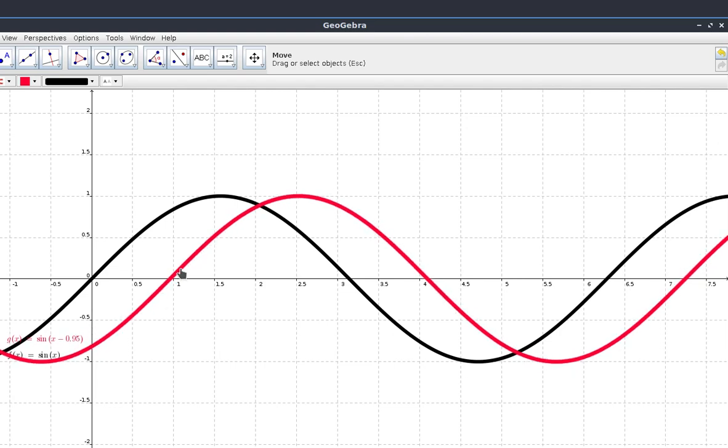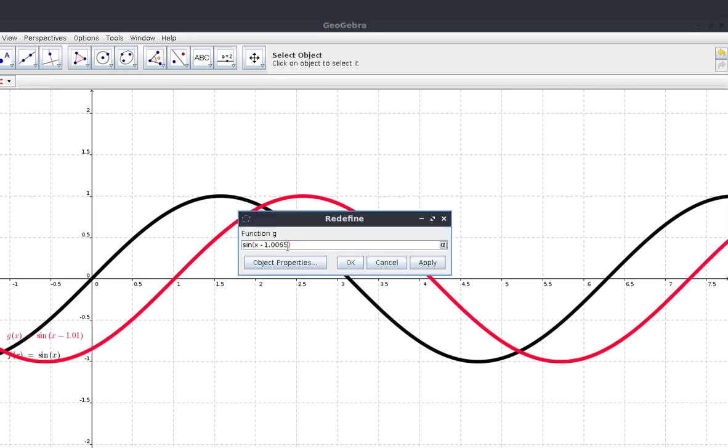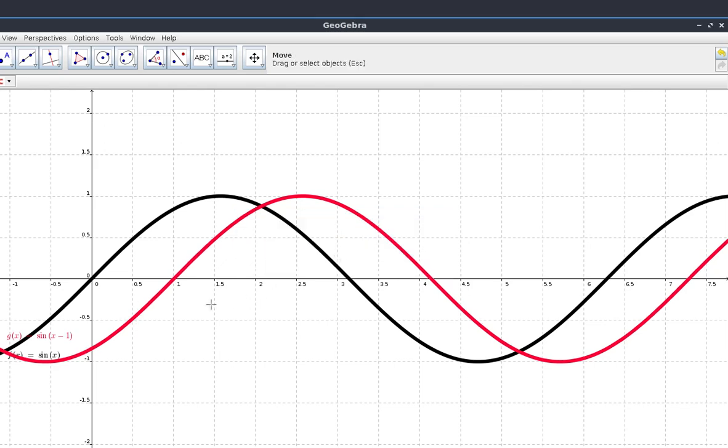Right? So here now, carefully moving it. It says 1.01. But let me go back to 1 exactly. Alright, so x minus 1 is to the right.